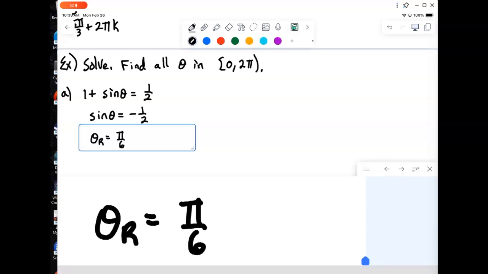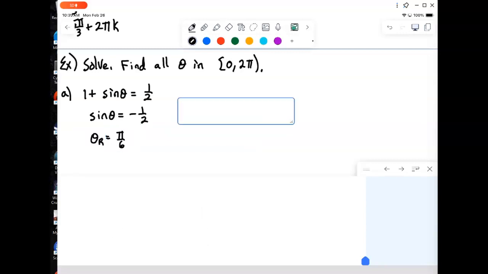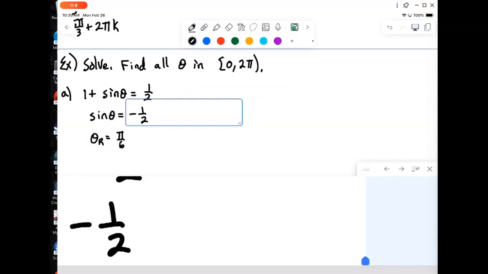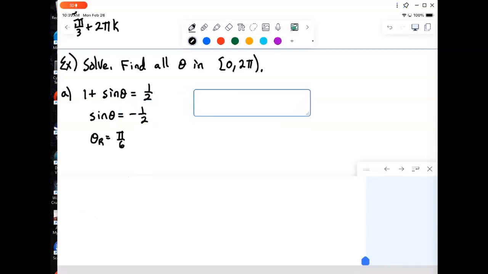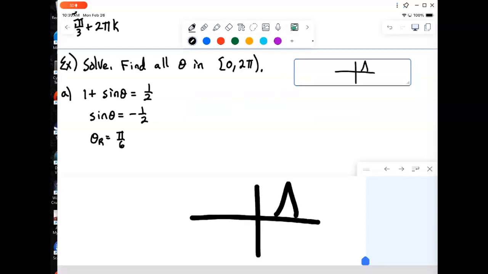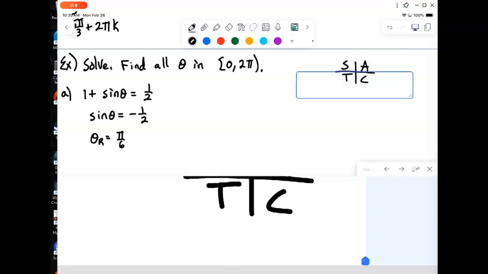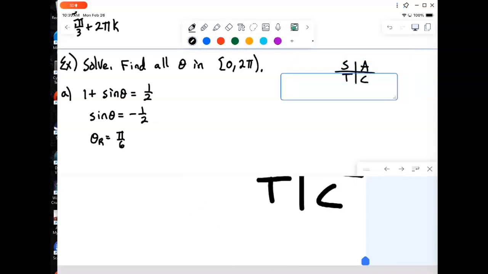So we take our pi over 6 angle and put it into the quadrants where sine is negative. Remember our little diagram, All Students Take Calculus. Sine is positive in the first and second, so it will be negative in the third and fourth.